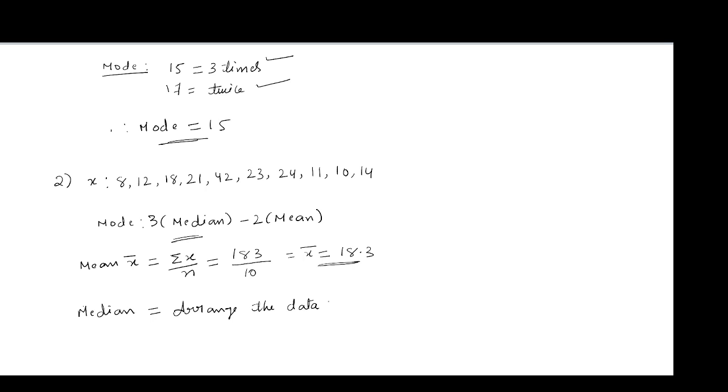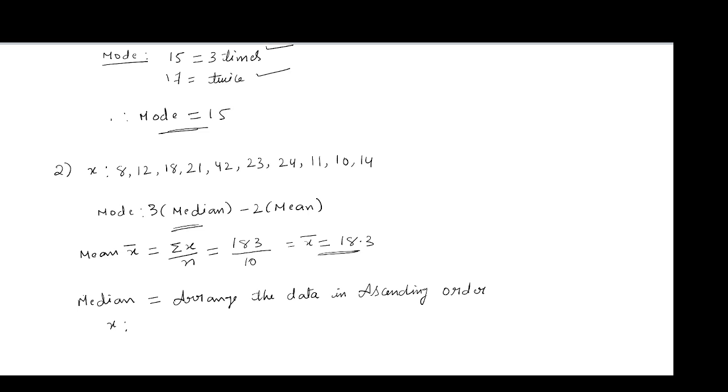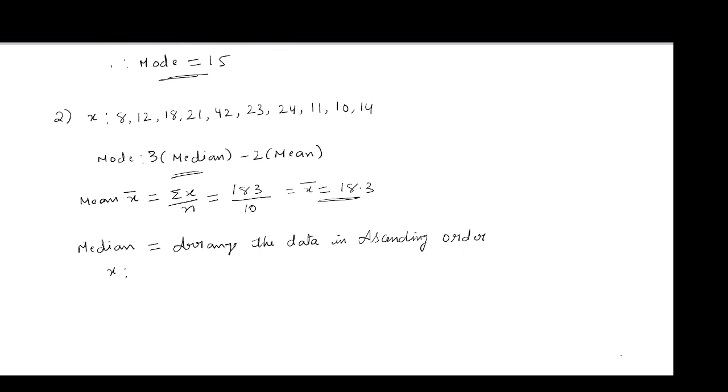I am arranging the data in ascending order. This is mandatory. Without arranging, you will not get the exact value of median. So we have to first arrange the data.